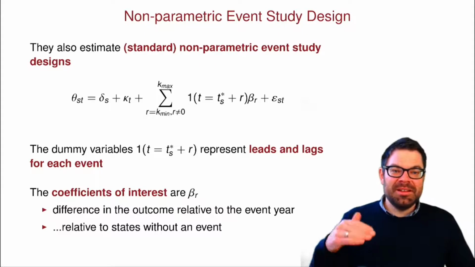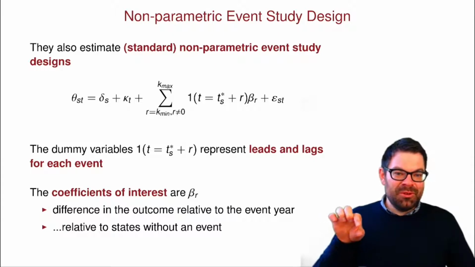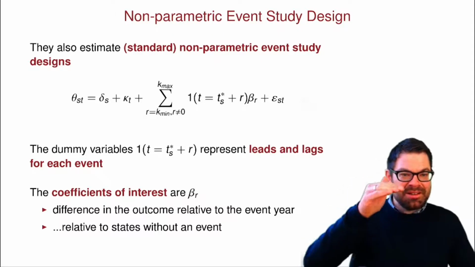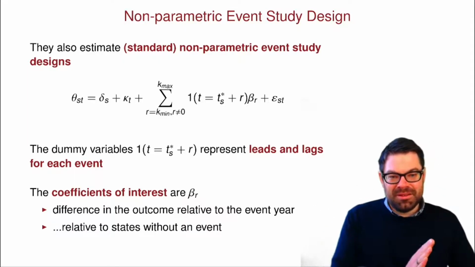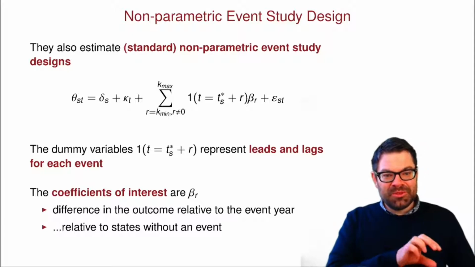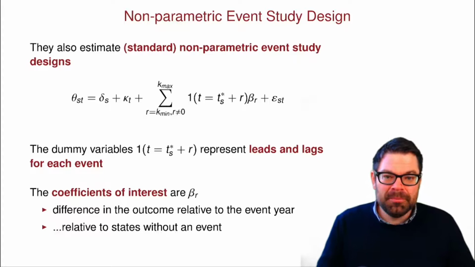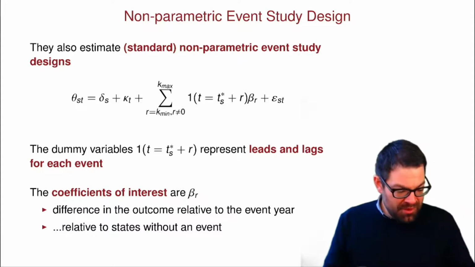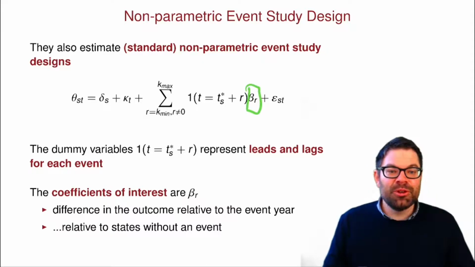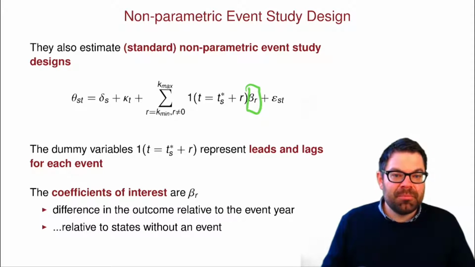And so obviously the states that have been treated very early on, that dummy is 0 up until they're treated, and then jumps to 1 for all subsequent periods. And states that are treated late, that is 0 most of the time, and then it jumps to 1 eventually. And so then for each of those periods within the event window, again, they get a different coefficient, which they then plot together with the standard error.